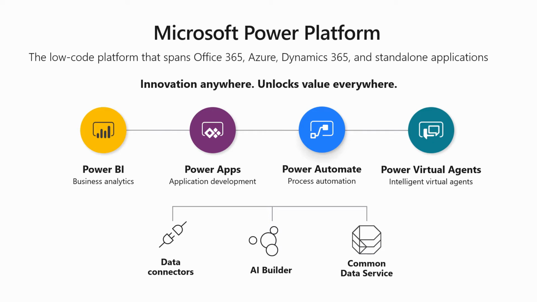And supporting all of these four elements, there are three cross-cutting capabilities. First is the data connectors, which make it possible to connect to all of your existing business data without having to write any code or do any integration, which is really important to truly empower every developer, the citizen developer, and the business analyst.